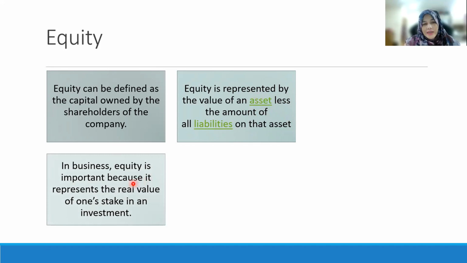Okay, in business, equity is important because it represents the real value of one's stake in an investment.